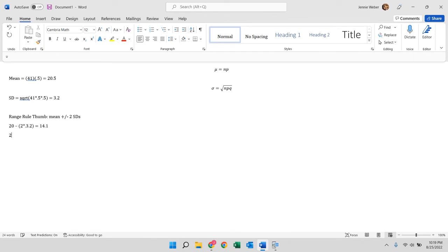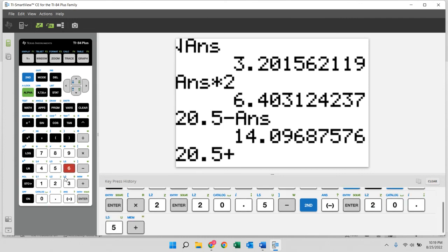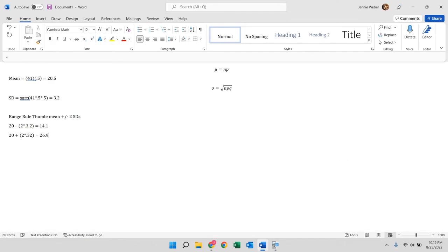Significantly high would be 20.5 plus 2 times 3.2. So I'm going to do 20.5 plus, let's see, it was 6.4, not 64. I'm just copying the number from up there. So 26.9.